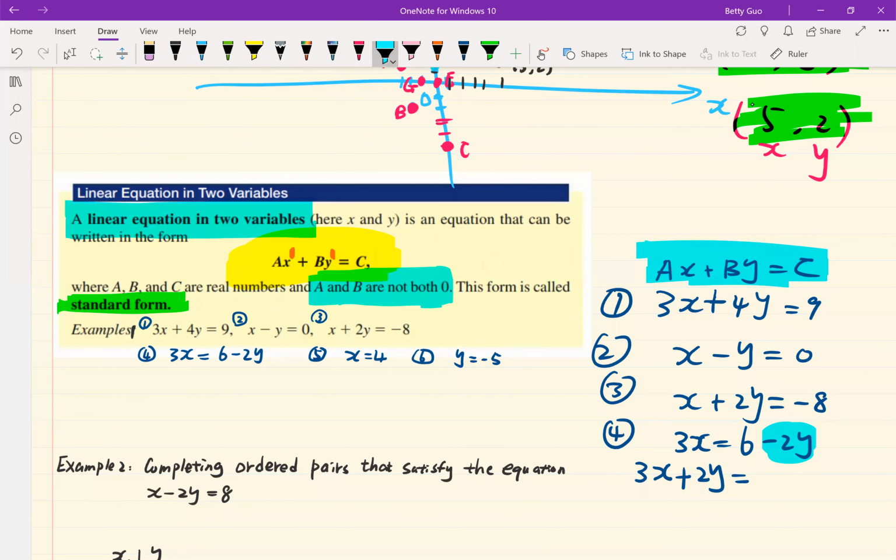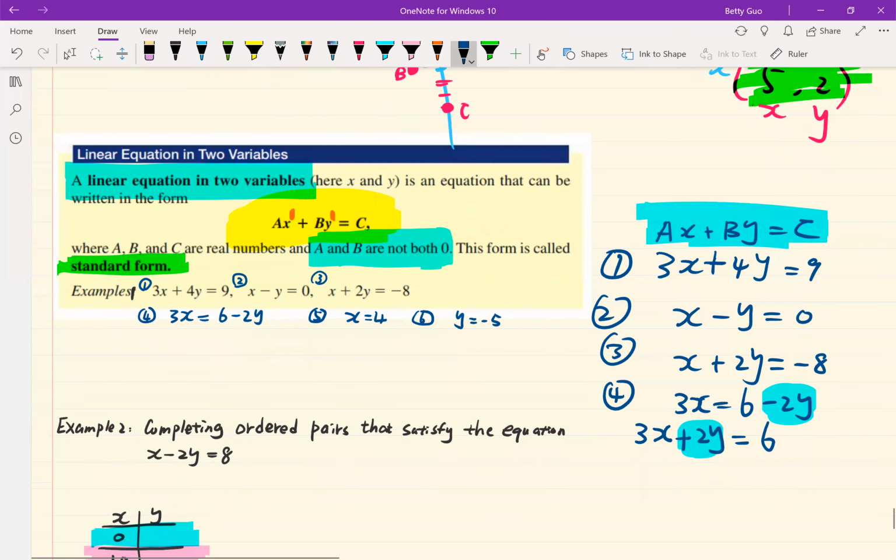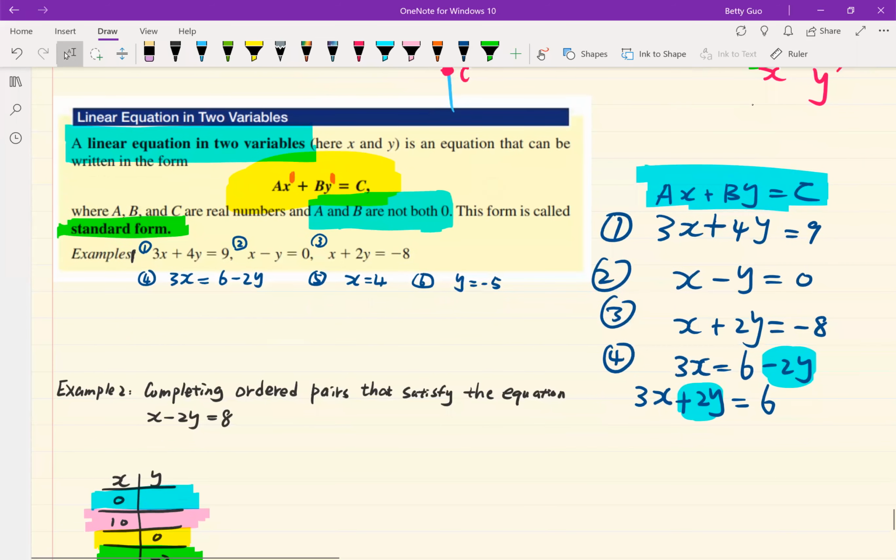What happened is I moved the term negative 2y over. It becomes positive 2y on the left. On the right, we have 6. Well, now look at it again. Do we have the equation in the standard form now? A, B, C. A is the coefficient of x, which is 3. B, coefficient of y, 2. C, constant term on the right-hand side, 6. Right?